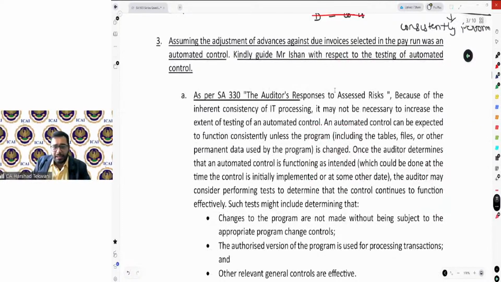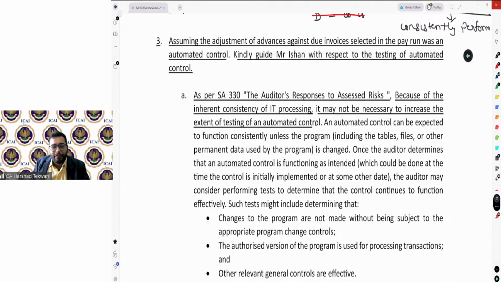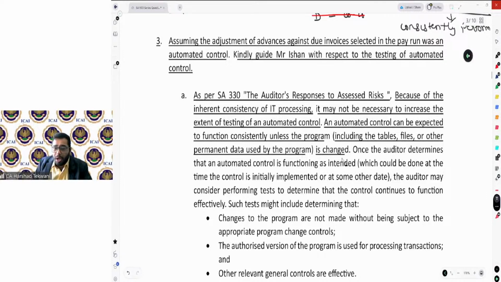Now, SA 330, the auditor's response to assessed risk: because of the inherent consistency of IT processing, it may not be necessary to increase the extent of testing of an automated control. An automated control can be expected to function consistently unless the program, including the table files or other permanent data used by the program, is changed.